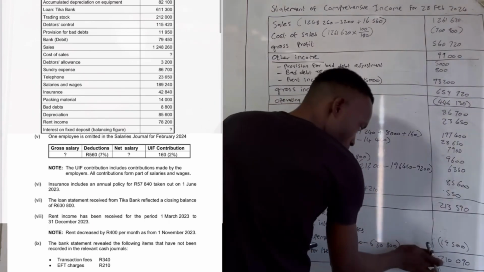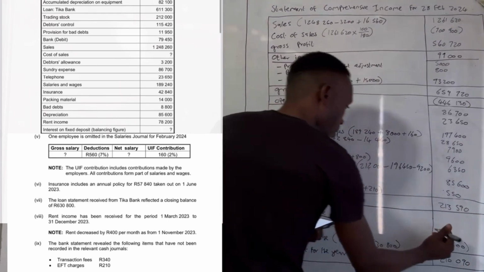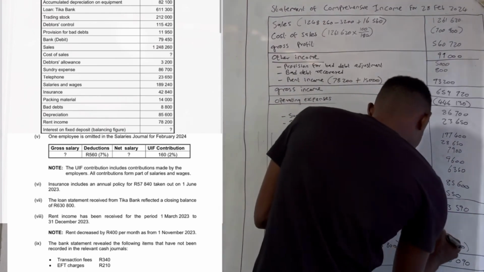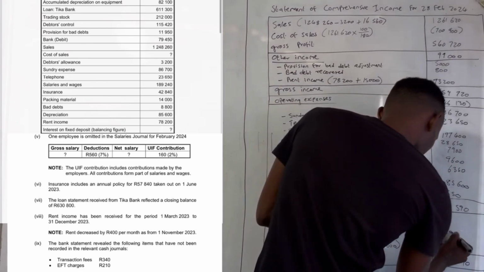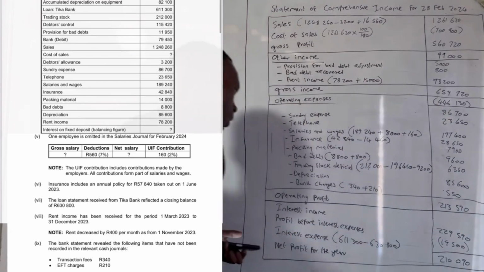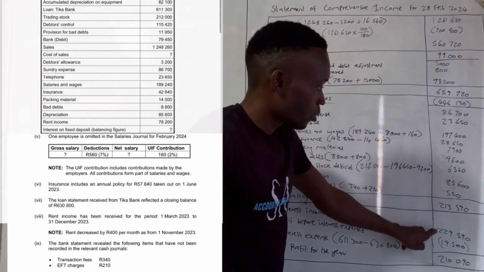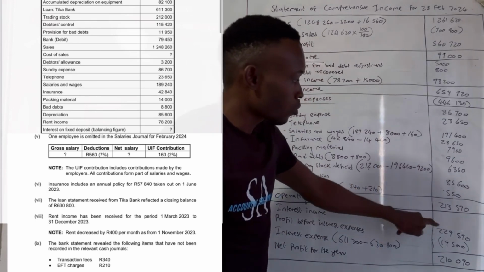If you take this one, when we go up, we change the sign. If you take this one plus this one, we're going to get 229,590.